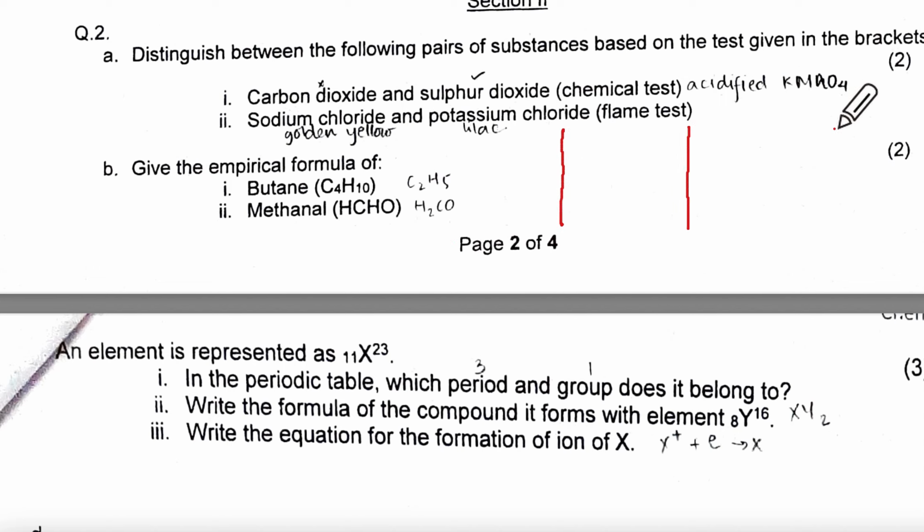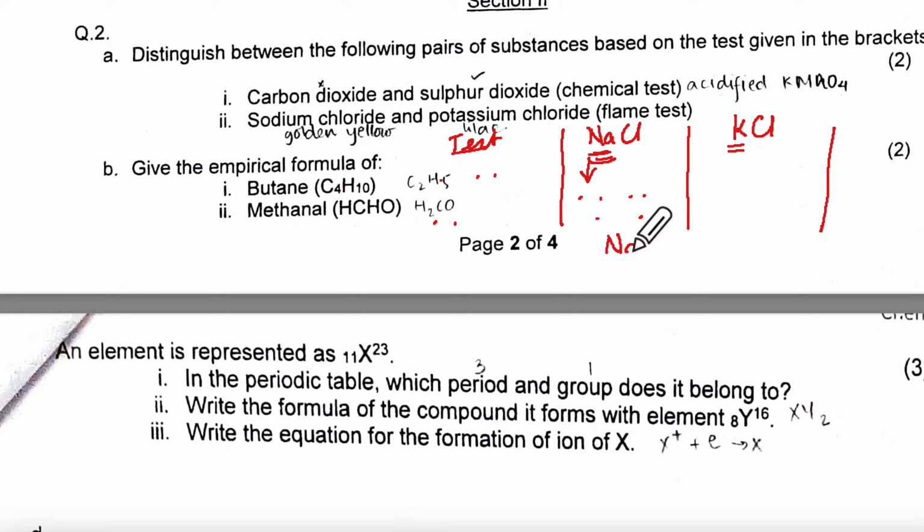Yes, ma'am. Okay, now sodium chloride means NaCl and potassium chloride means KCl. What is different? The cation is different, right? And they say use flame test. So what you'll write over there for test? Use flame test. So Na, what you will get? Persistent golden yellow flame, then Na+ present. Therefore, NaCl present.